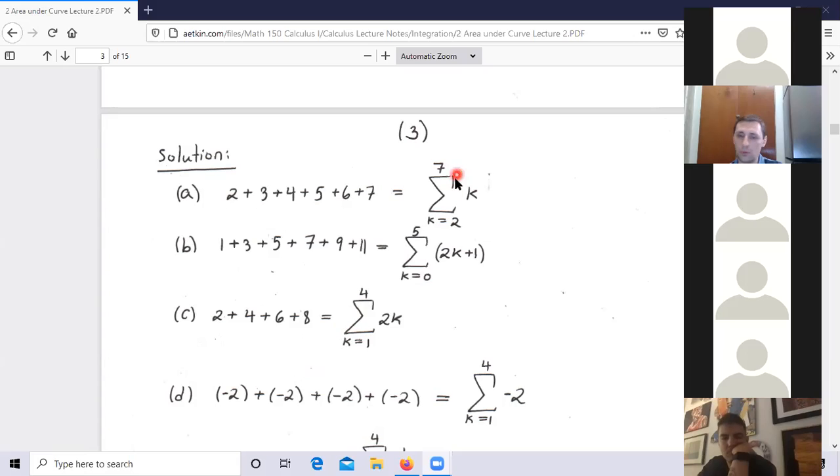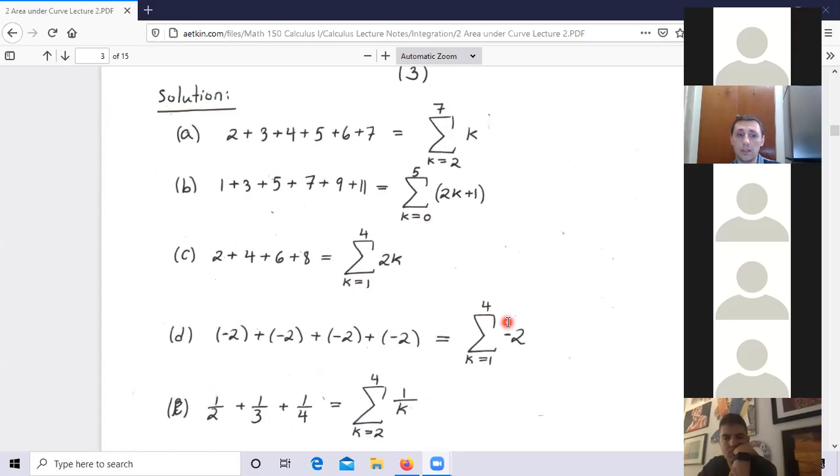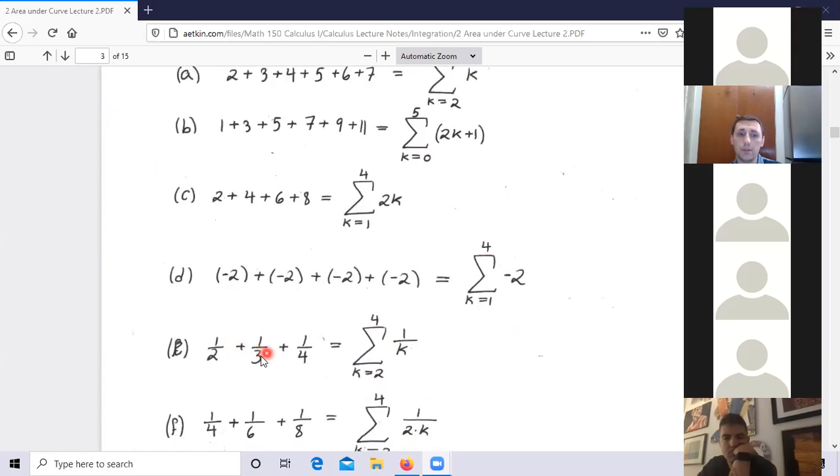I don't have time to wait too long, so I'm trying to move along, right? Okay, so those should be simple. If I write -2 and I add them a bunch of times, say 4 times, that's a summation of -2, just like that, okay? And 1/2 plus 1/3 plus 1/4, I can say k equal to 2 to 4 of 1 over k, right?